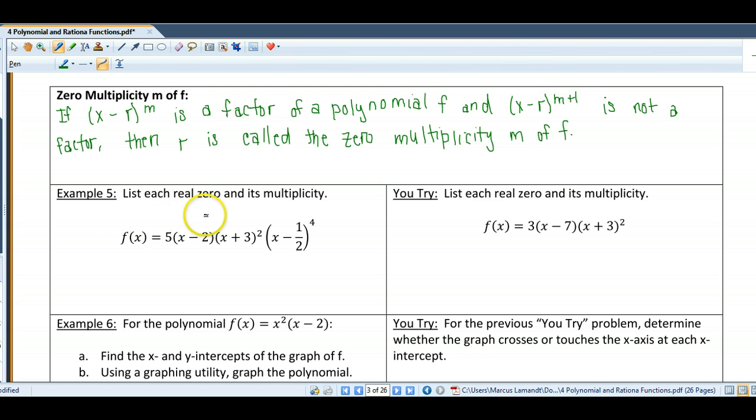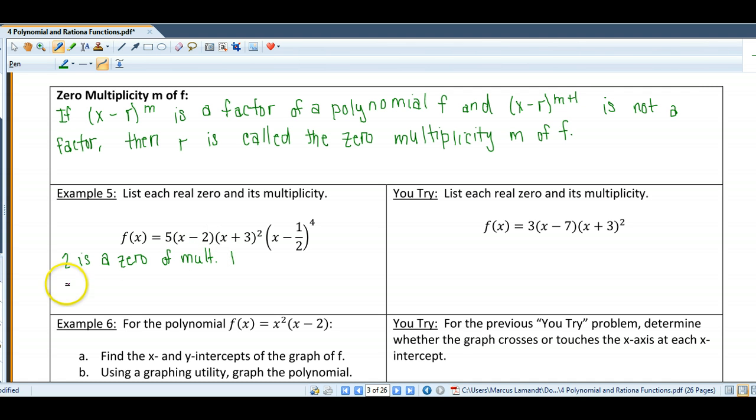for the polynomial as shown, 2, because of this factor here, is a zero of multiplicity 1, because it's to the 1 power.